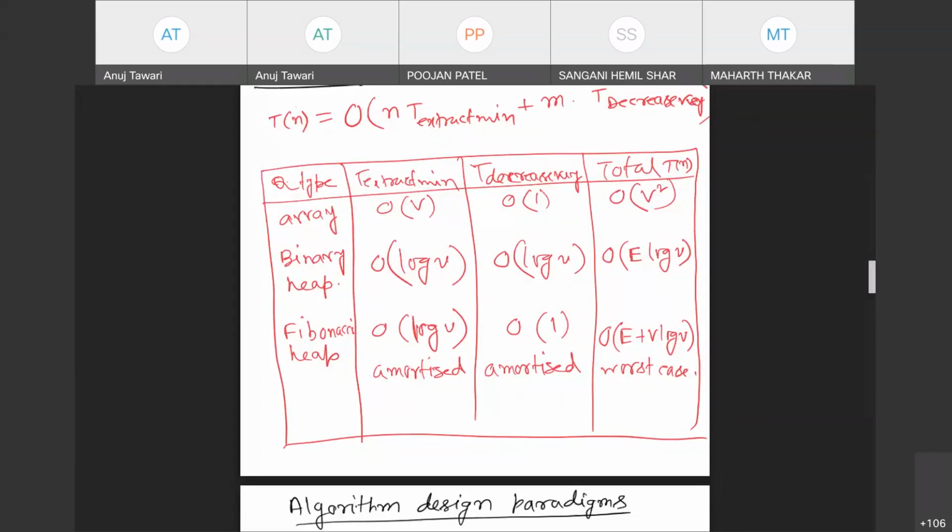And in the mid-sem, we are just covering up to greedy things. So what I teach next is not included in the mid-semester.